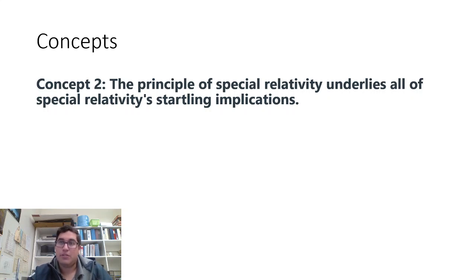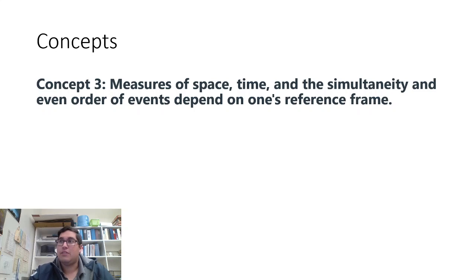So physics will still apply regardless how fast you're going, how slow you're going, or with regards to any other point in space. And so we can see that then in concept 3, measures of space-time and the simultaneity and order of events depend on one's reference frame. So pretty much how fast you're going will determine how you measure time, space, and even just the order of events, like this is saying.